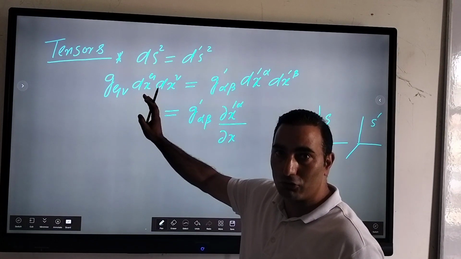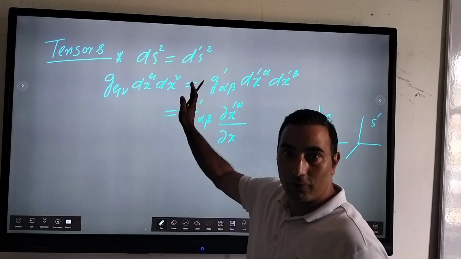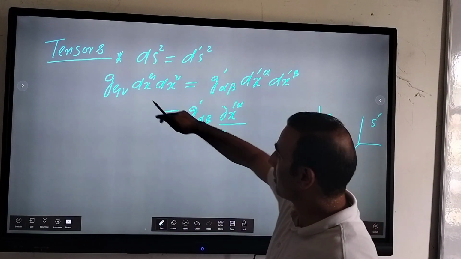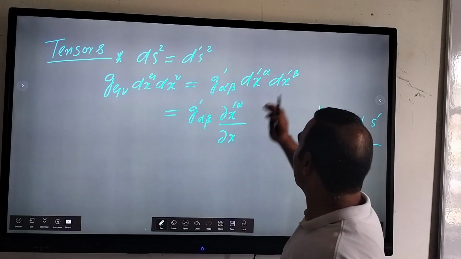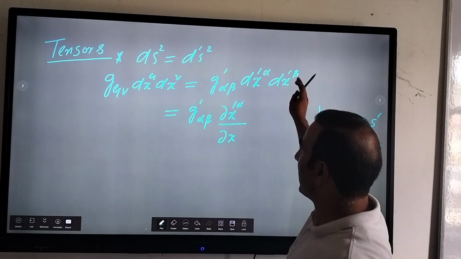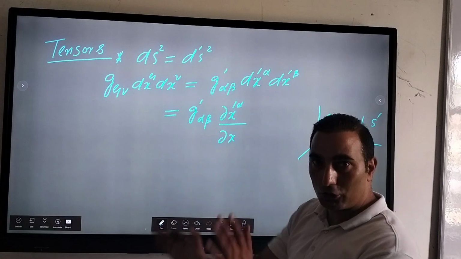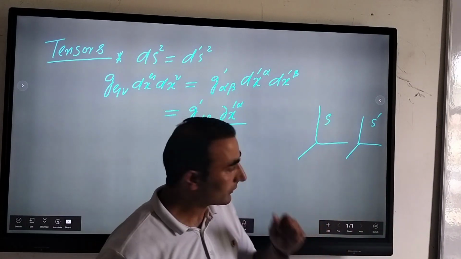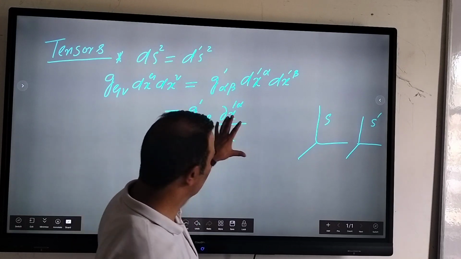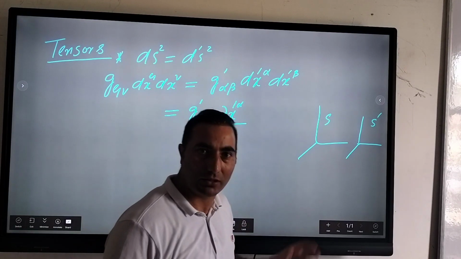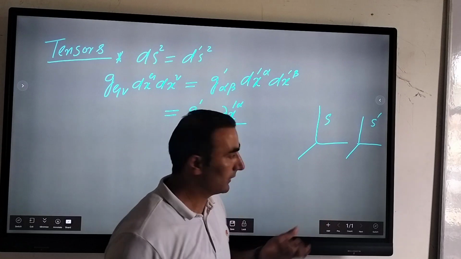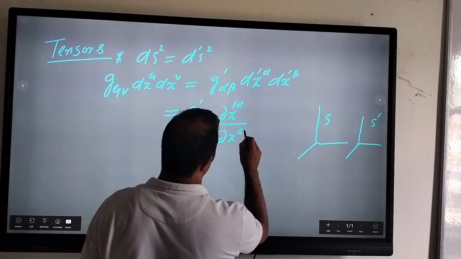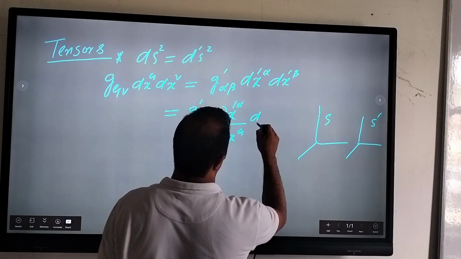So the indices we are using there are mu and nu, right? So I need to convert from alpha prime to mu. And similarly, I can transform beta prime to nu, because I need to transform it into this frame of reference, by multiplying this matrix element, which is purely a Kronecker delta. And you need to write mu here, and then dx.